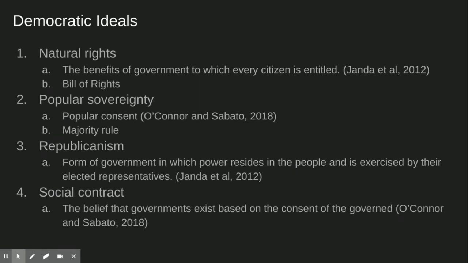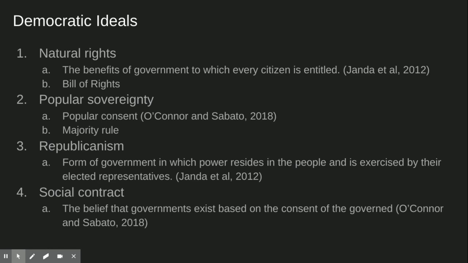However, part of that contract is that if the government violates those natural rights, those rights that are defined and provided to us, then that relationship between the person and the government can be severed. If the entire country believes their rights have been denied, then those people have a right to break from their government.